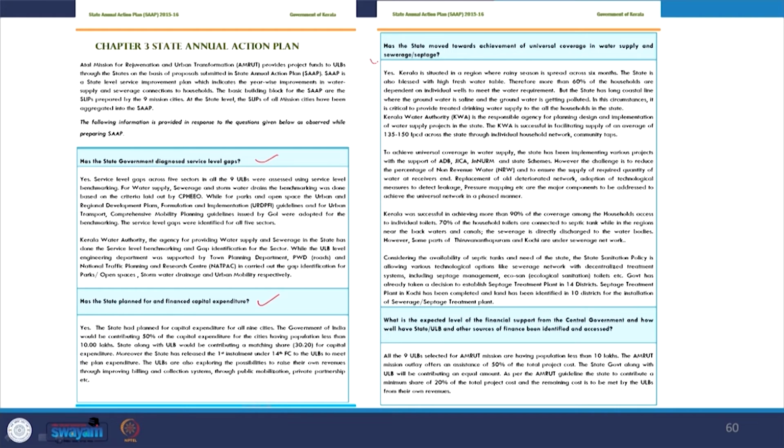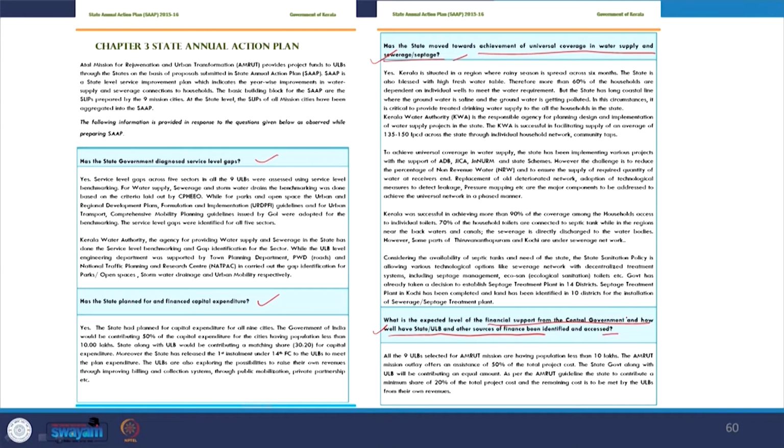Has the state moved towards achievement of universal coverage in water supply and sewerage and septage, as this is the major thrust of this mission? What is the expected level of financial support from the central government, and how well have state, ULB and other sources of finance been identified and assessed?